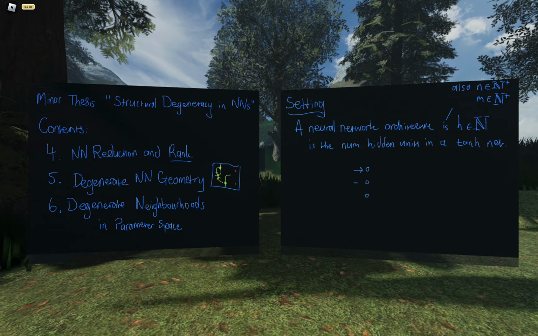Then you end up with a network that looks like this. You have your input units, there are n of those. They're fully connected to your h hidden units, and these are fully connected to your m output units. This is the network structure that we're talking about.